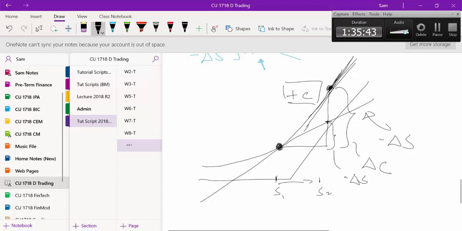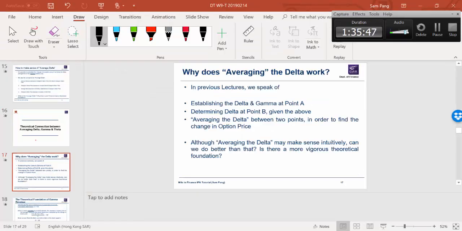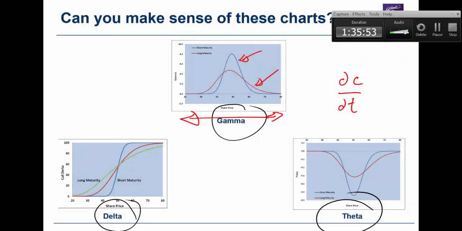Page 13. Long the price value responding to sell price also change. Sorry, which graph are you referring to? Gamma, yeah. Sorry, go on.